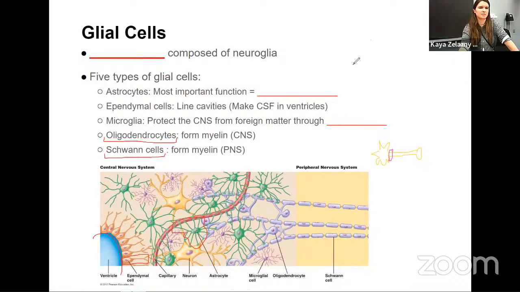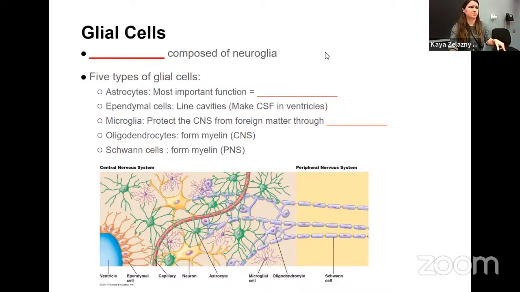But if we have myelin wrapping around it, so I'm going to put some myelin in blue here, and I'm going to keep the pink what we have to trigger, now we only have to trigger an action potential in the gaps. So this is what speeds up conduction, because we only have to trigger an action potential in these gaps called nodes of Ranvier. So the oligodendrocytes and the Schwann cells are important because they're making that myelin, speeding up our conduction.